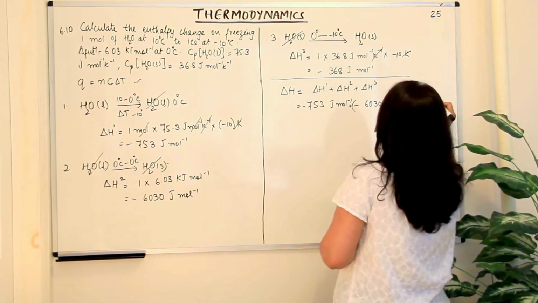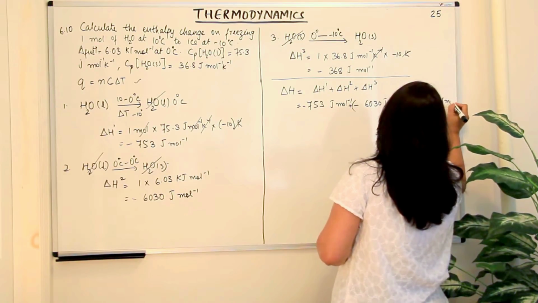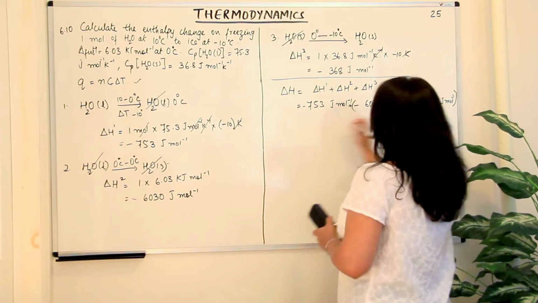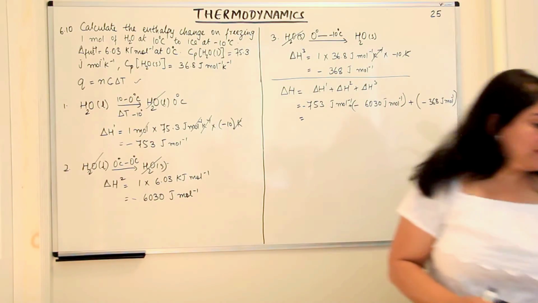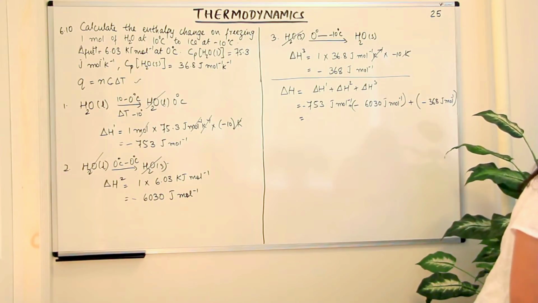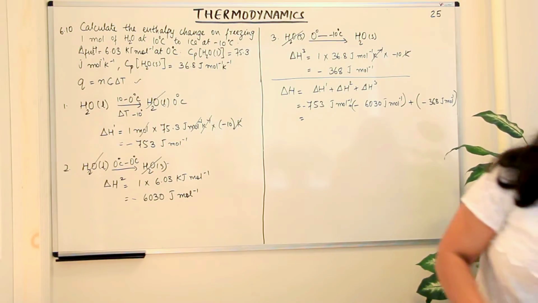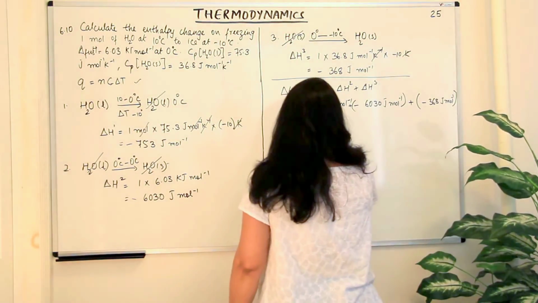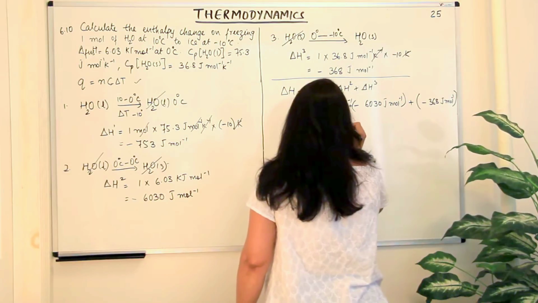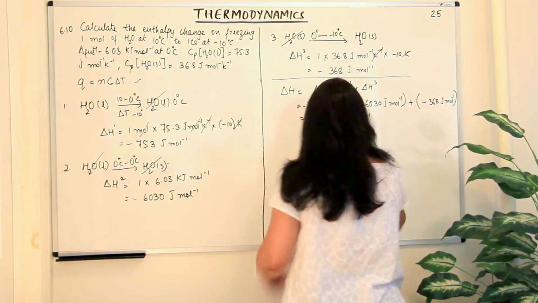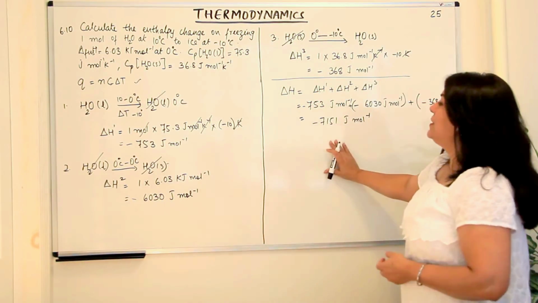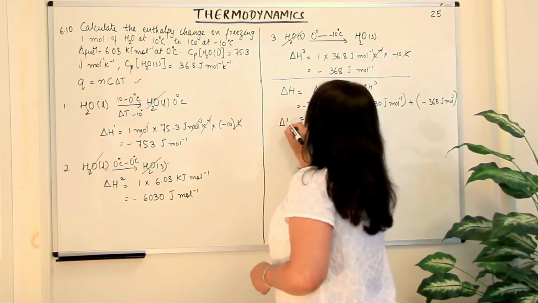Minus 368 joules per mole, right? So when you solve this, what is the answer that you get? You get minus 7151 joules per mole, right? So this is the enthalpy of this reaction.